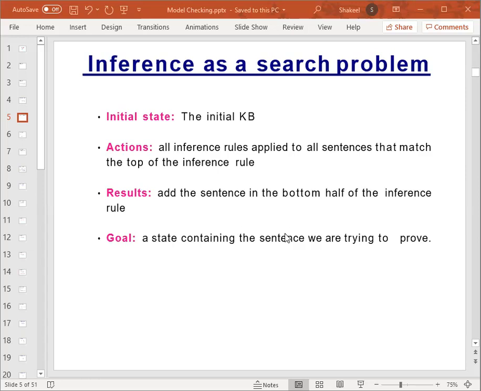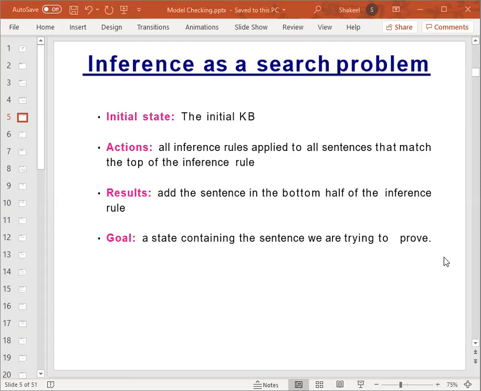Now the goal would be a state containing the sentence we are trying to prove. In the previous example, I wanted to find whether KB entails P12 or P22, so there are four possibilities. Suppose I want to know whether KB entails P12, so I just need to focus on this one as a goal.